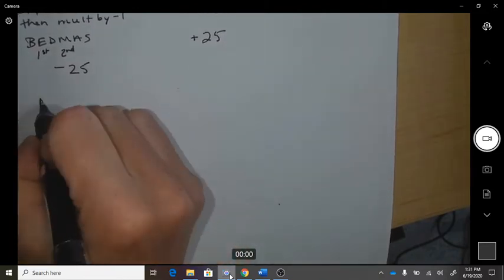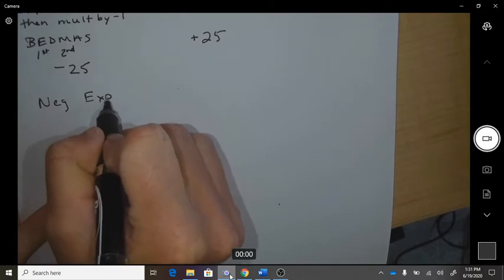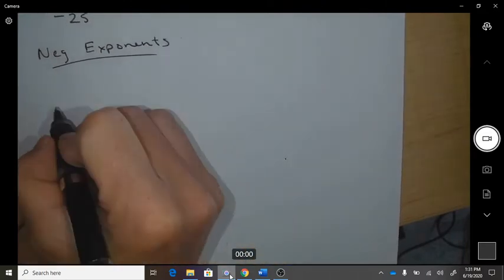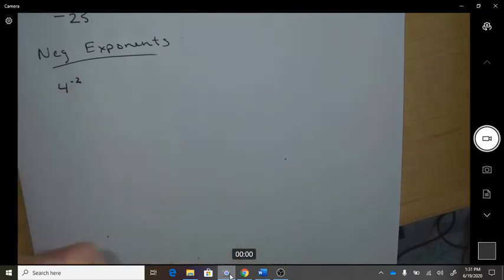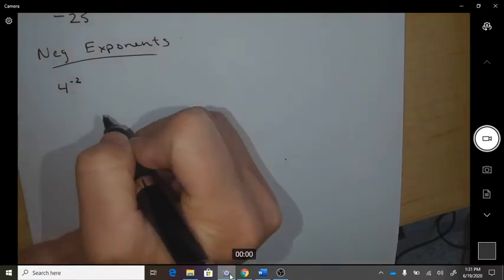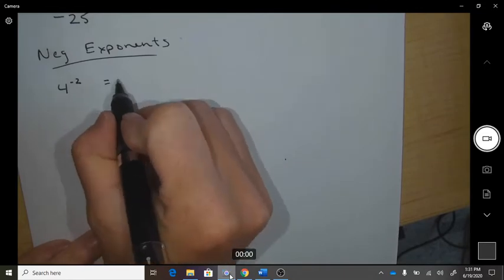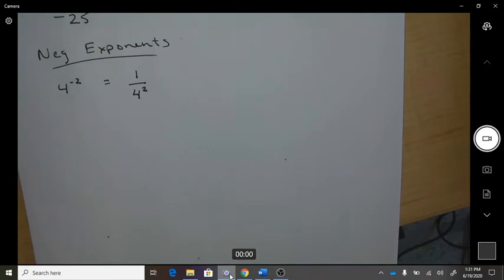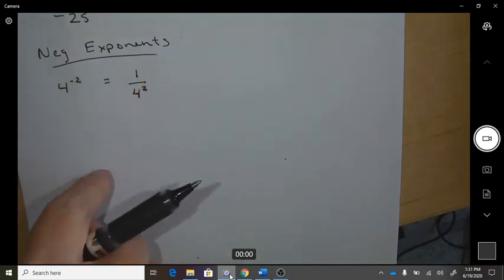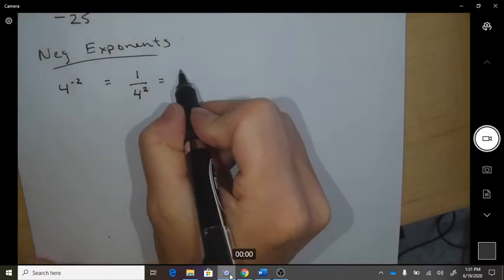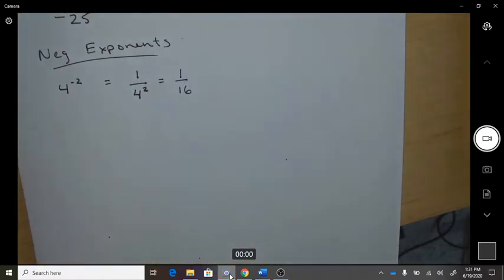Okay, negative exponents. So 4 to the -2. When you have a negative exponent, you are going to reciprocate its location and change it to a positive. So because this is 4, I'm going to change it to 1 over, and now the exponent is positive, and then 4 squared is 16, so 1/16.